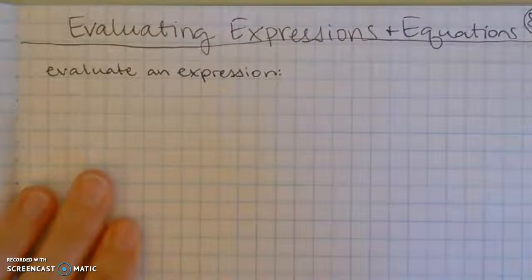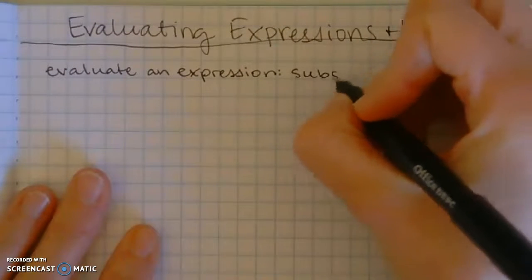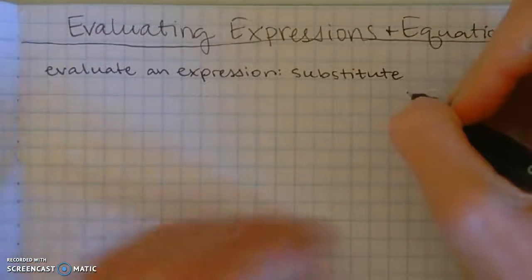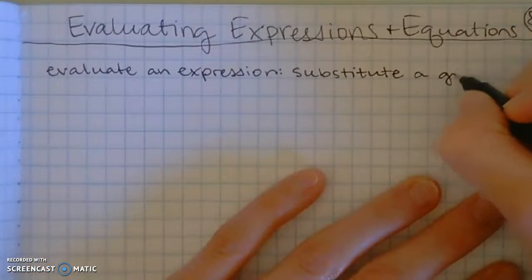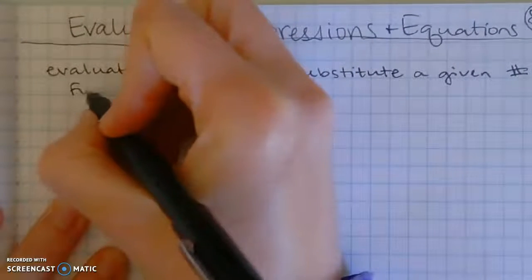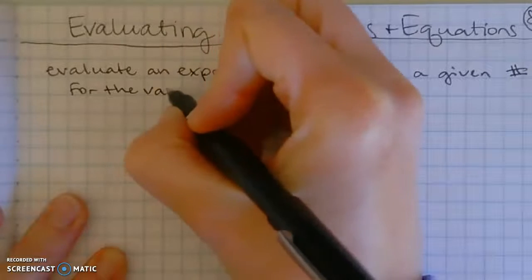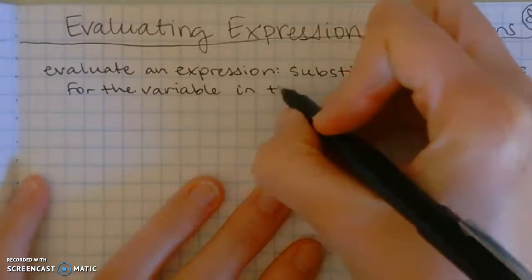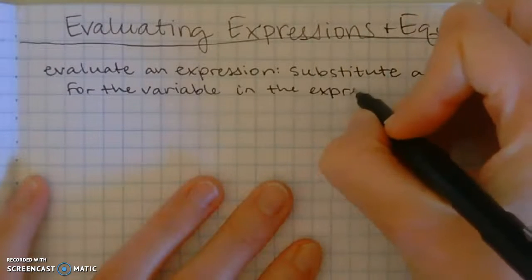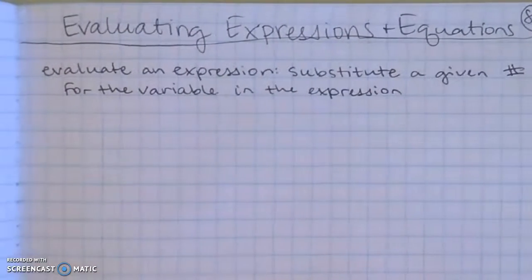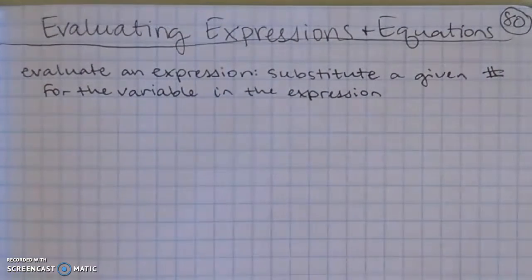When I'm evaluating an expression, I'm going to substitute, there we go, make sure I got all the T's in there, a given number for the variable in the expression. Okay, so evaluate an expression. I'm going to substitute a given number for the variable in the expression.